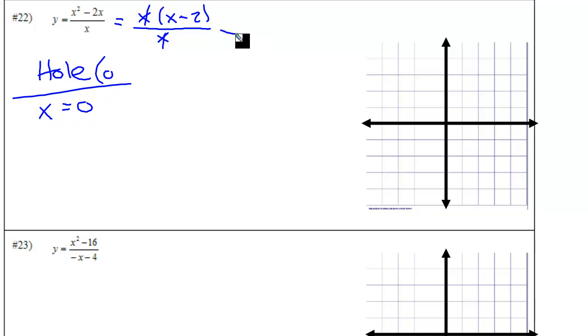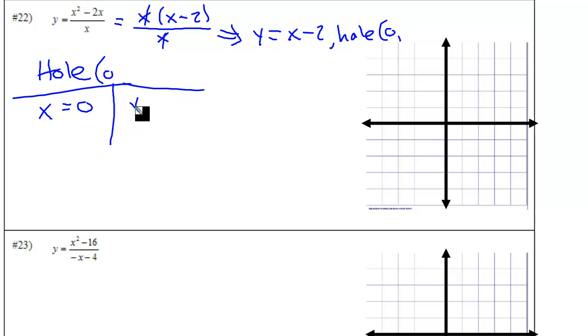To find the y value, take what's left of your function, y equals x minus 2, but there's a hole at 0 something. Take what's left of your function and replace the x value with the x value of your hole, which in this case is 0. So we have a hole at (0, -2).